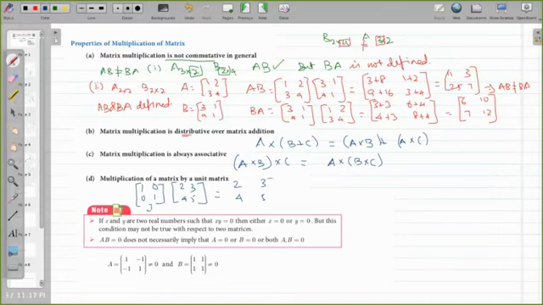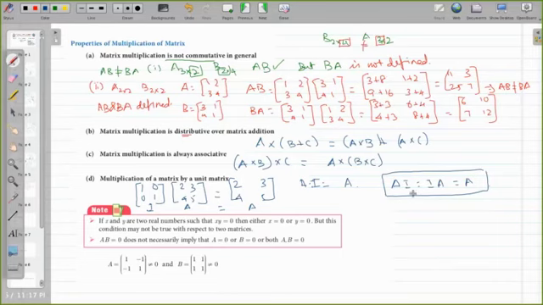And see, children, what I'm getting? When I multiply I into A, I am getting A itself. Similarly, children, if you multiply A into I, you'll also get A only. So here it is commutative, children. AI is equal to IA is equal to A. You can check that.